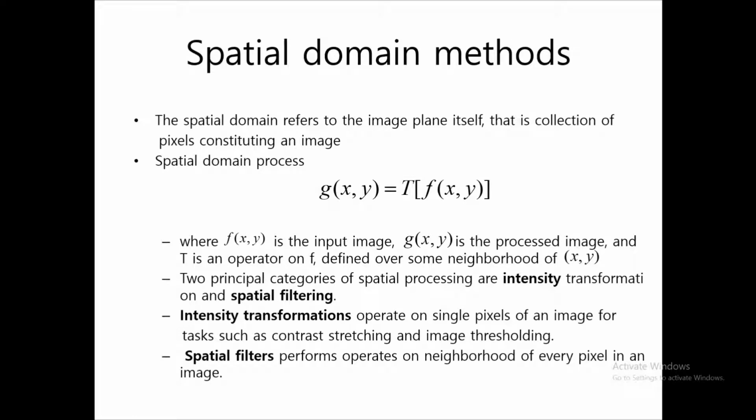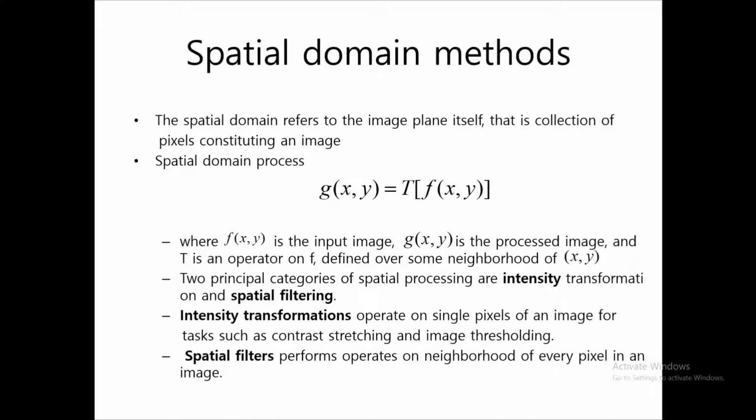Now let us see the different image processing techniques in the spatial domain, or spatial domain methods. The spatial domain refers to the image plane itself, that is, the collection of pixels constituting an image, and the spatial domain process can be represented by the expression g(x,y) = T[f(x,y)].